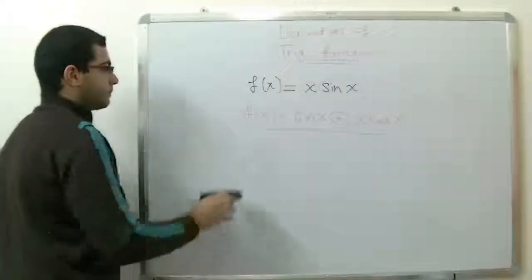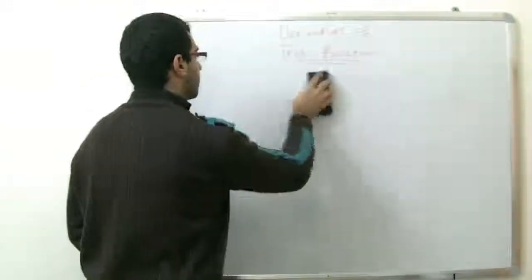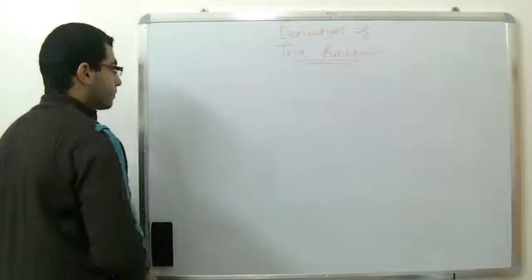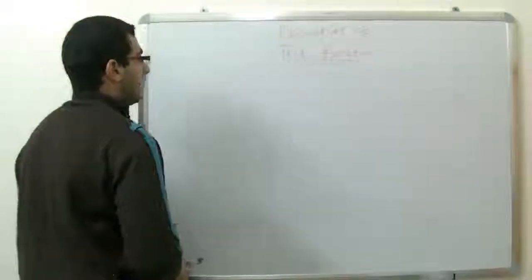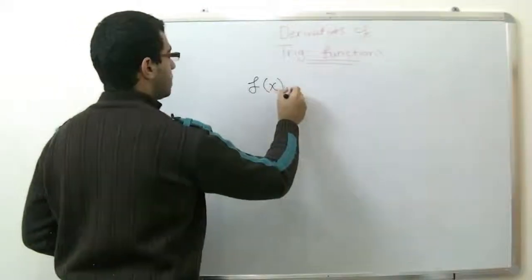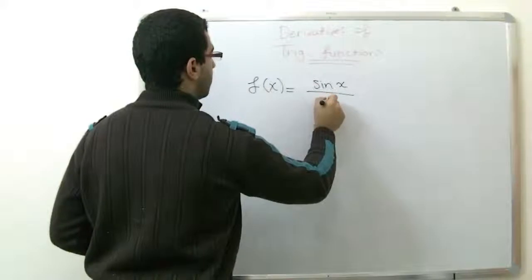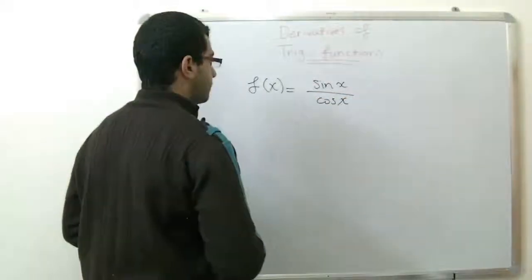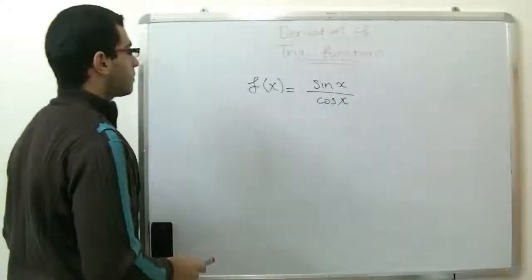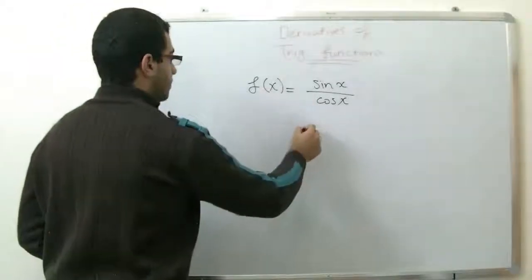Another example. If we have f x equals sine x over cosine x, here we have two ways to solve this.